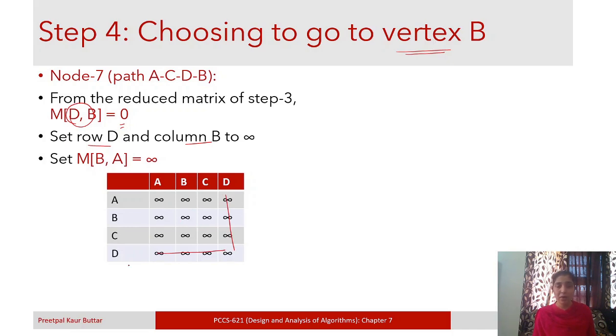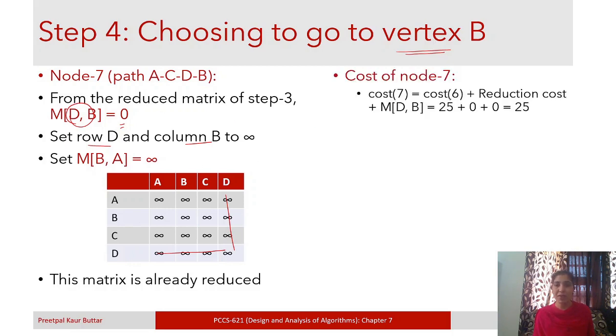So this is an already reduced matrix, and we do not need to reduce it. It means simply we can calculate the cost of node 7. The cost of node 7 is the cost of node 6 plus the reduction cost plus the value which we noted from the previous matrix, that is the cost of going from D to B. So the overall cost is 25 plus 0 plus 0, which is equal to 25.